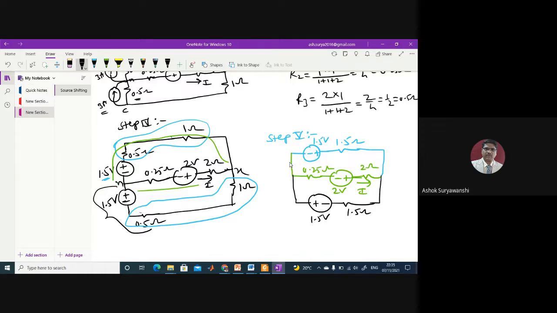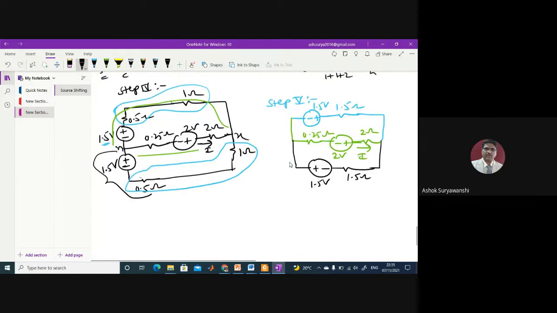Now next one is step number 6. In step number 6, we'll transform this 1.5 volt and this 1.5 volt voltage source into current sources, because now there is a resistance in series with each. But we'll keep the middle branch as it is, because we want to find the current through the 2 ohm resistor.